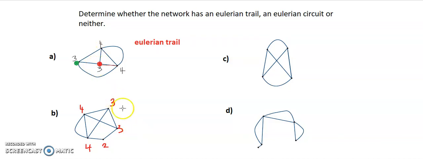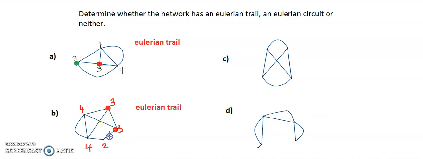Because again I've got 2 vertices that have an odd degree, it has to be a Eulerian trail. It's not a circuit, but I do know it is traversable. So I'm just going to again mark my starting point and my end point, and now I just need to be able to draw my map.